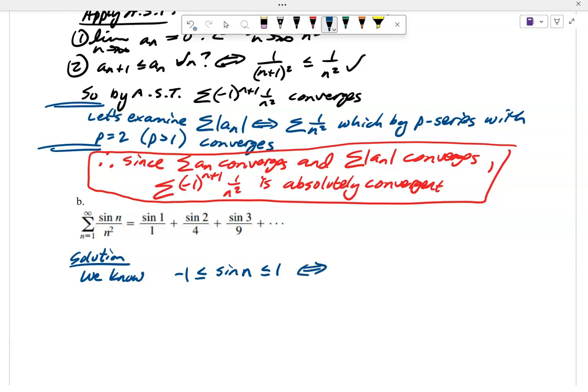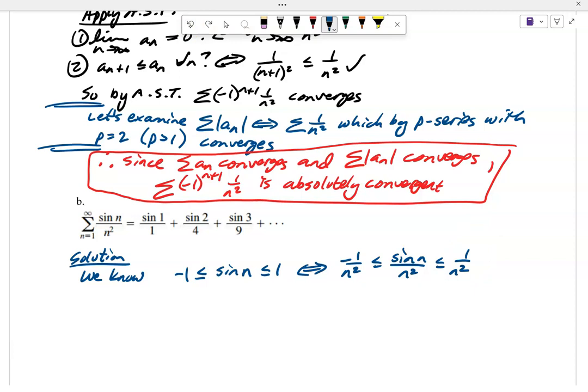So if we divide everybody by n squared, and so I'm going to use b_n to be this right-hand side. Because I know that's the larger one, it'll converge, right? So the smaller one, sine n over n squared, must converge.